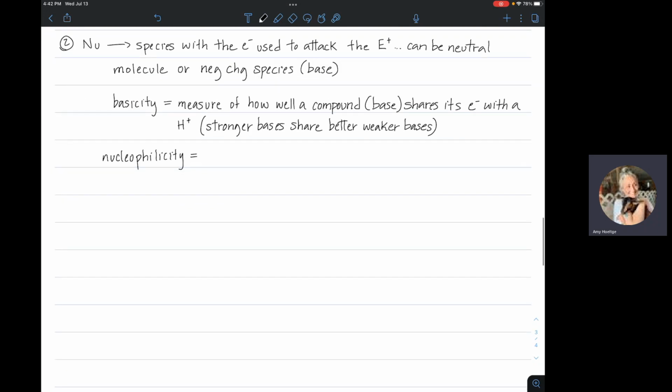So this nucleophilicity for us, this is going to be a measure of how readily a compound, and we're going to refer to that as the nucleophile, Nu, is able to attack an electron deficient atom on some other molecule.